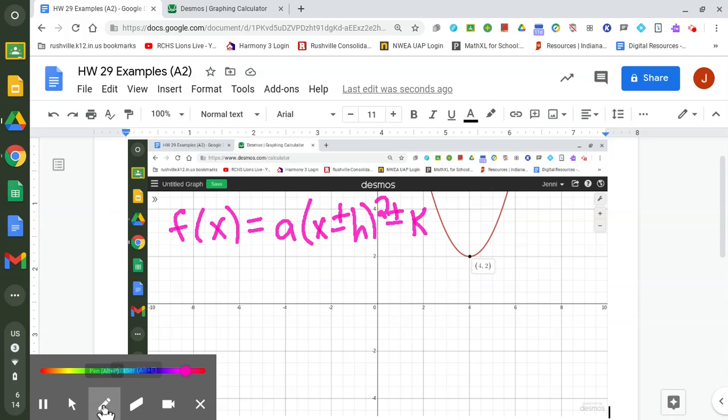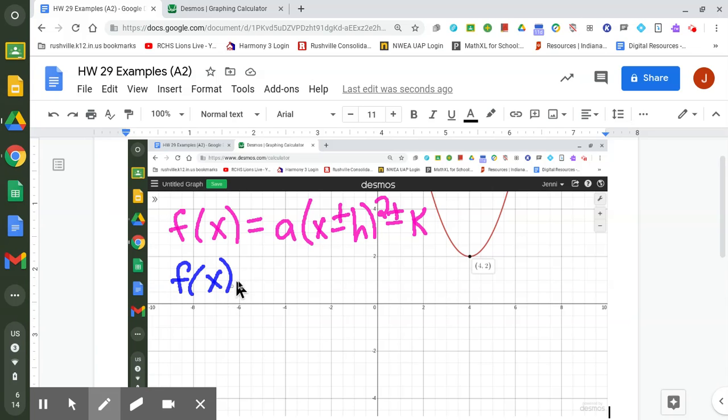So again, I am going to take f of x equals, and my a is just going to be a 1.